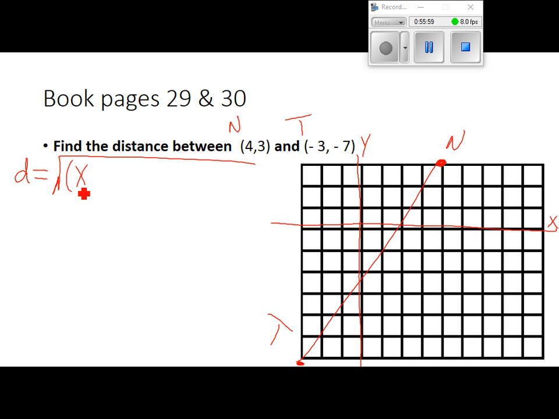We'll write the formula out here. I highly suggest that until you get really, really good at doing the distance formula, you write the formula out each time.